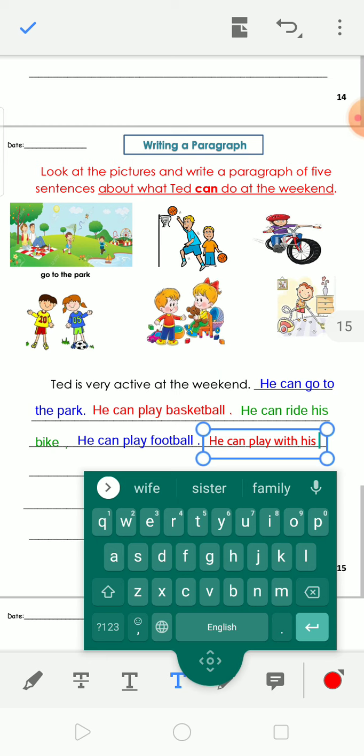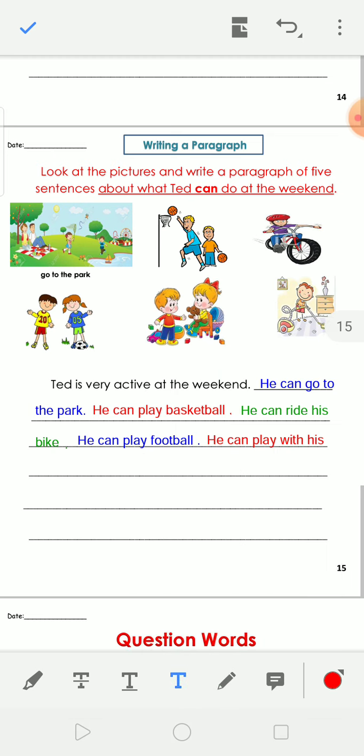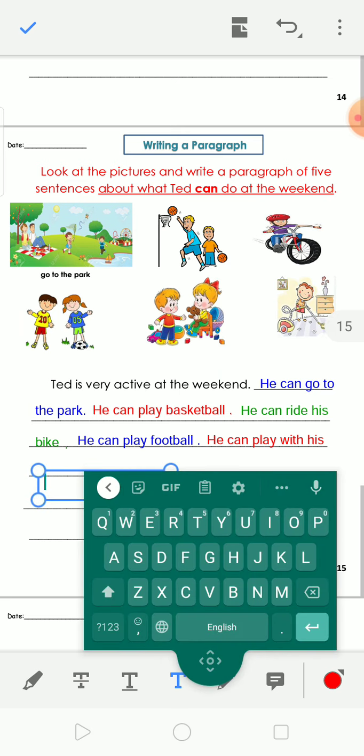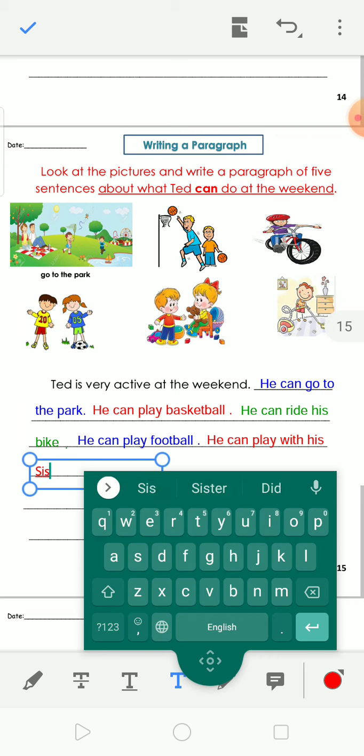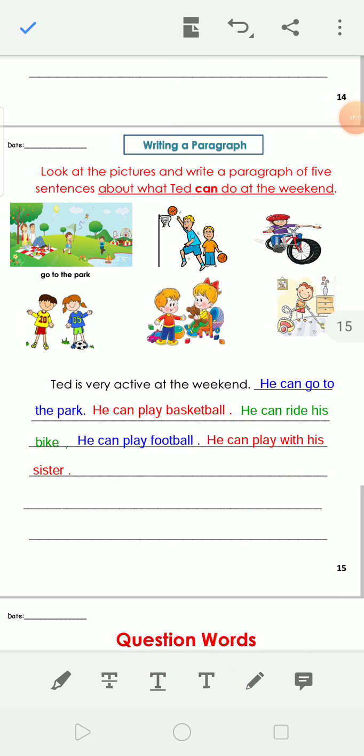But the line here is over, so I have to complete on the next one. I finished. He can play with his sister.